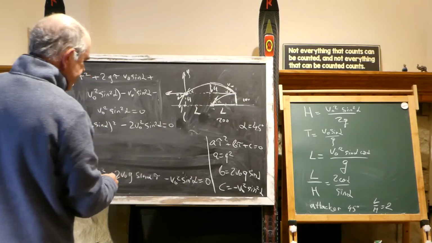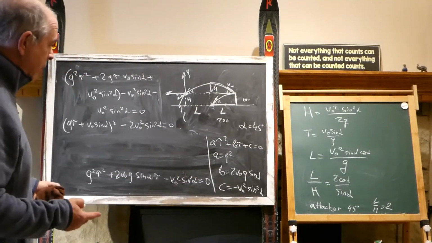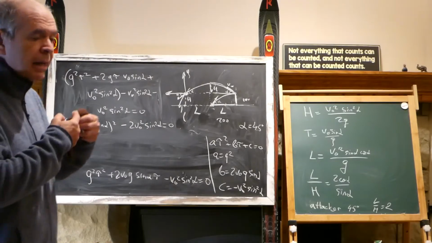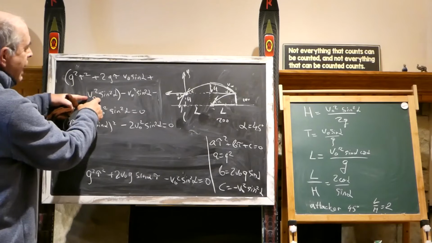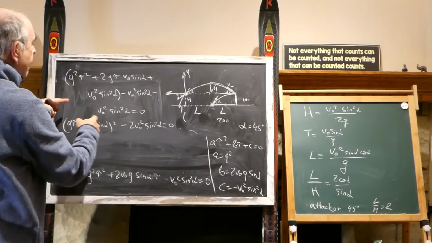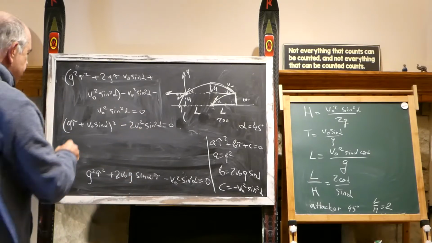So I'm solving this quadratic equation using factorization. Not factorization, completing to the full square. So I complete to the full square by adding and deducting. And so it turns out that this minus and this minus is 2, and I'm very happy.